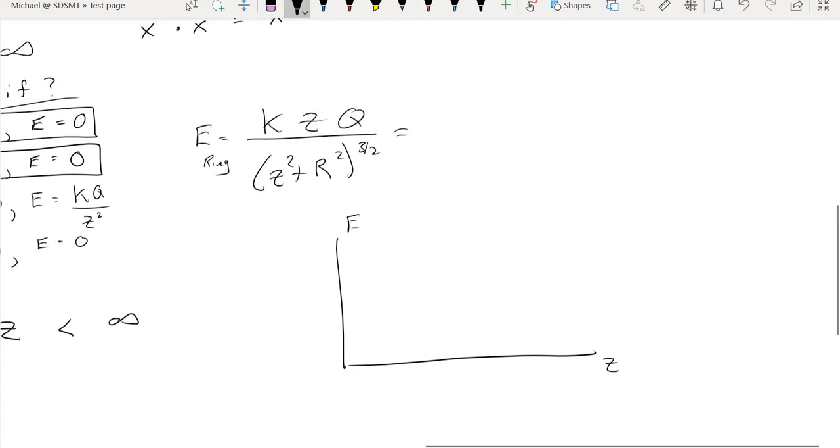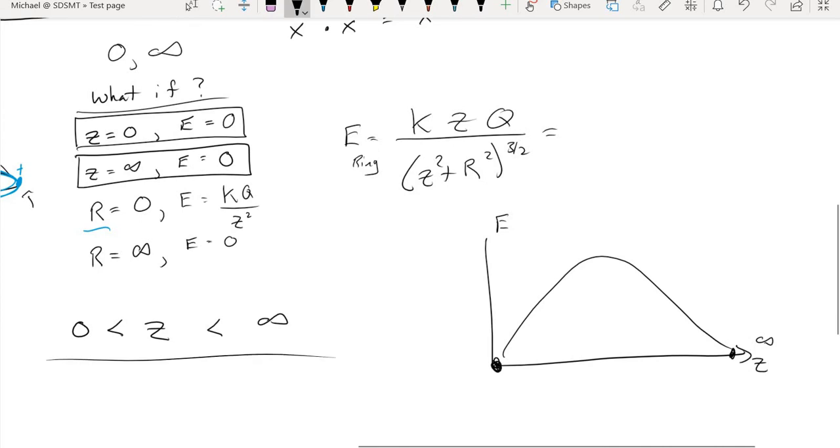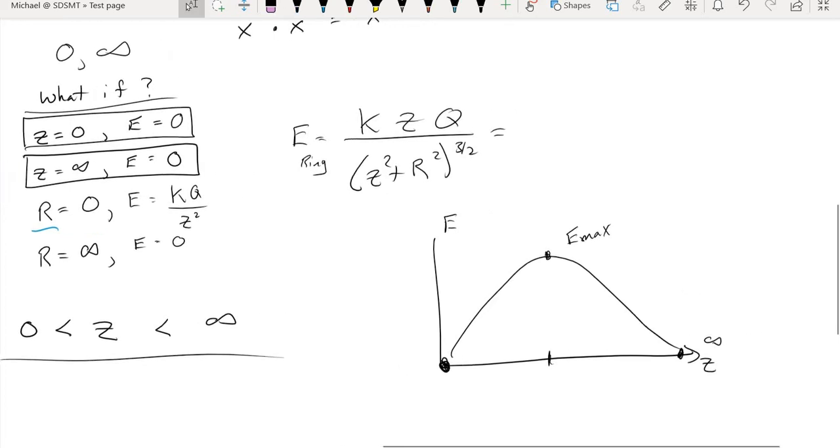We have an expression that starting at z equals 0, we have an electric field magnitude of 0. And then as we go out to infinity, we have to go back to 0 again for our electric field magnitude. And this implies that somewhere between 0 and infinity exists a maximum magnitude of electric field.